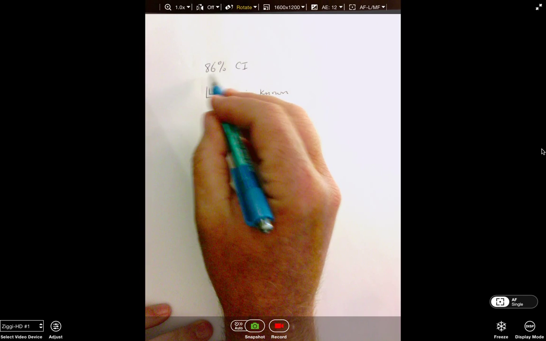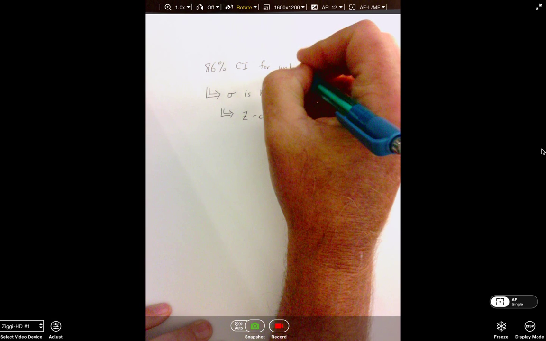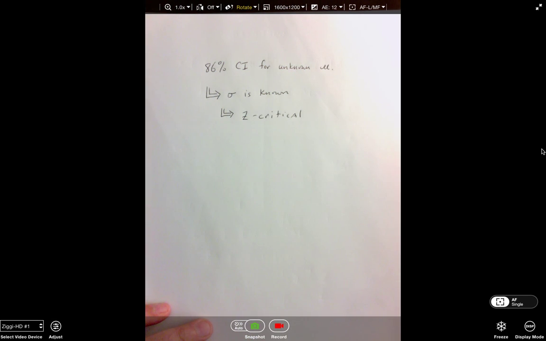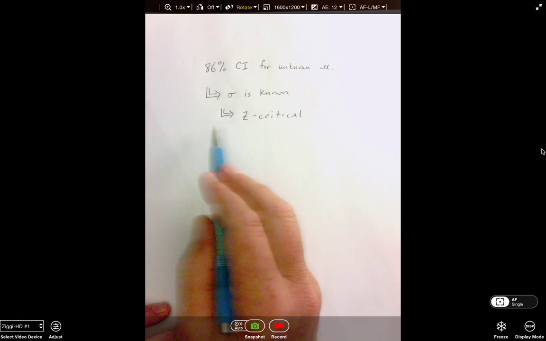So we're doing an 86% confidence interval for an unknown mu, okay? Population standard deviation is known. We're going to do a z critical.